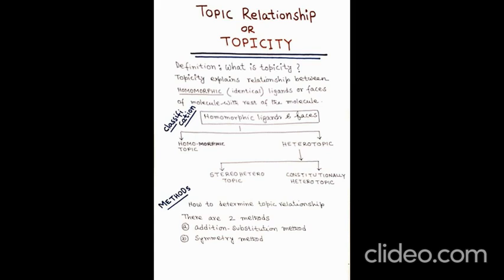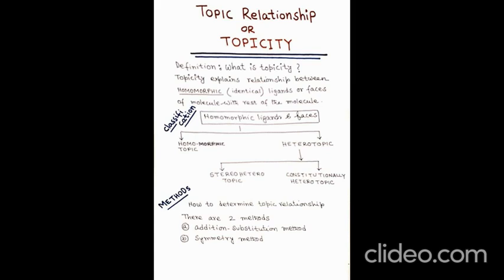The heterotopic ligands or phases can also be subclassified into two headings: one is stereoheterotopic, another one is constitutionally heterotopic. And stereoheterotopic ligands and phases can also be subdivided into two categories: one is enantiotopic and another one is diastereotopic.